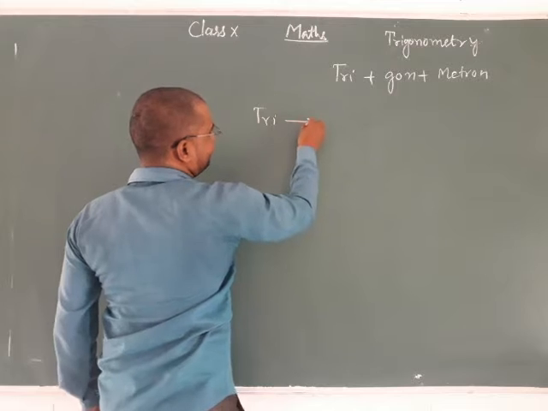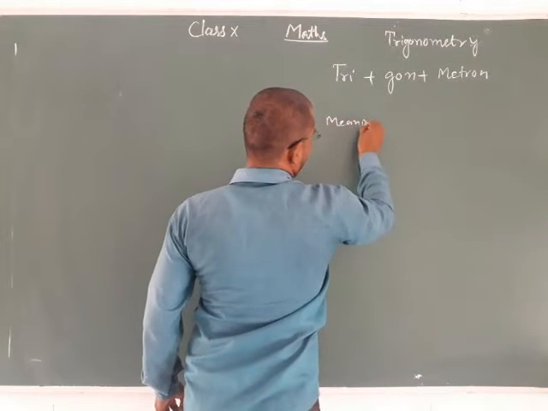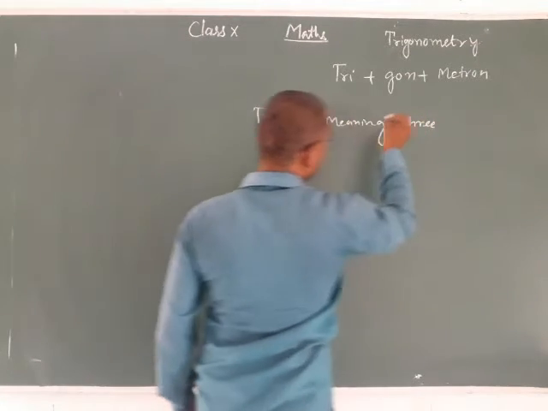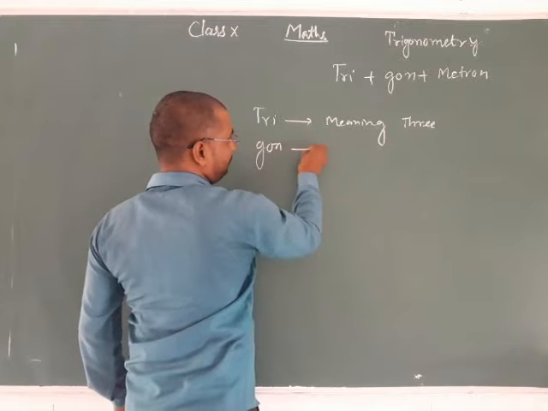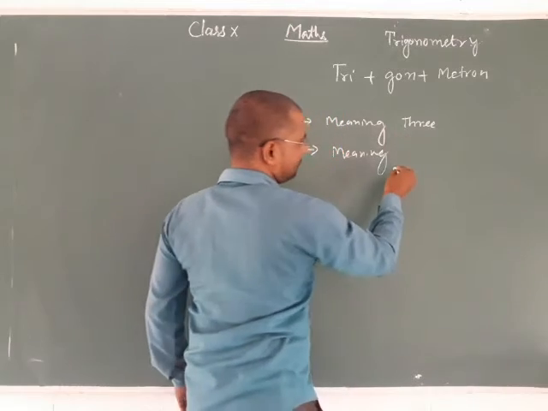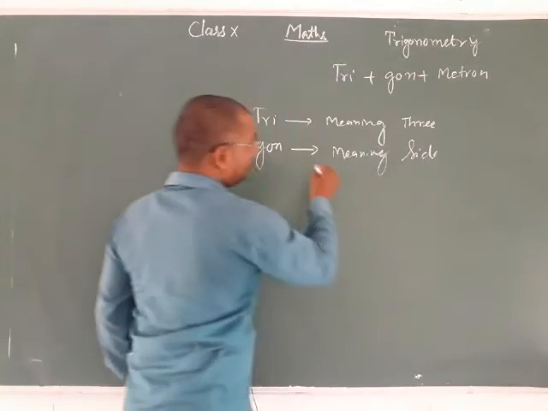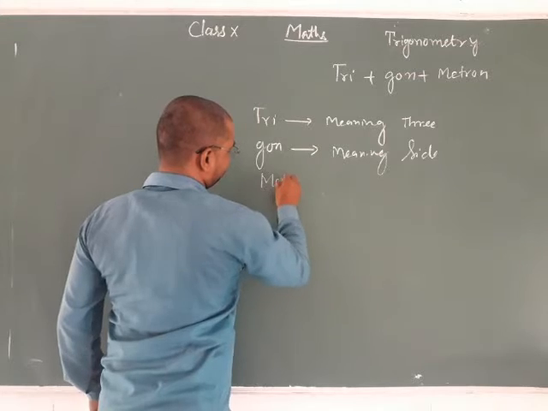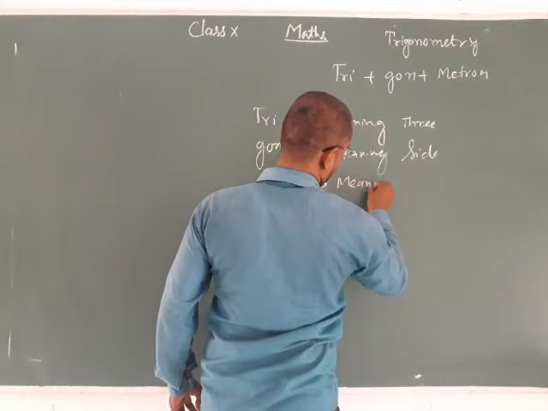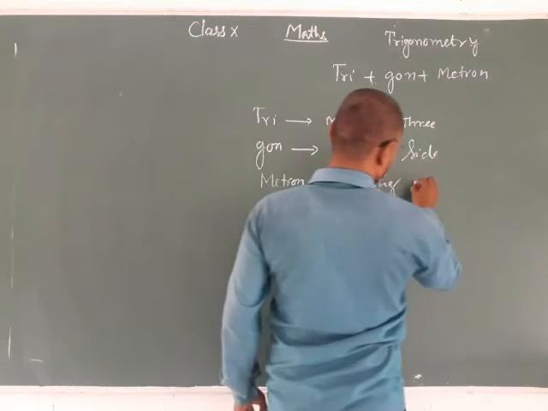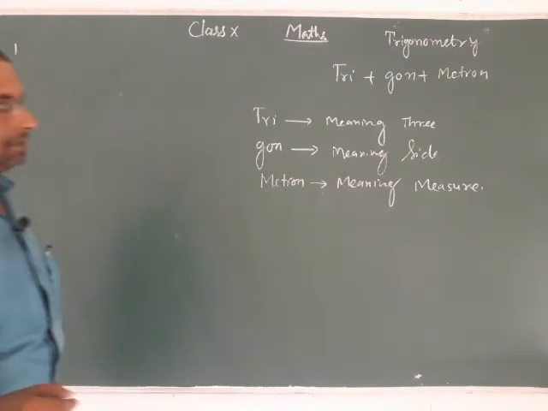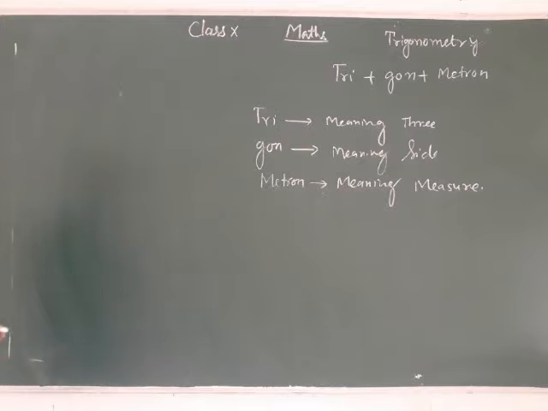Tri means 3, gon means side, and metron means measure. So, three sides measure.